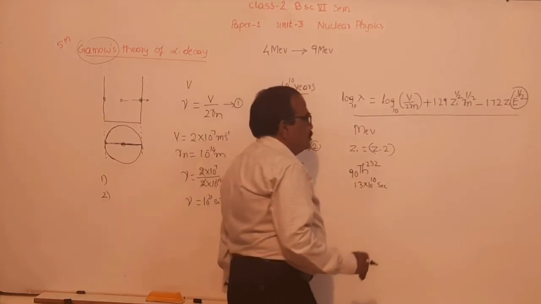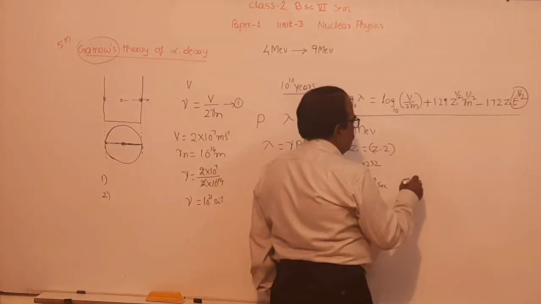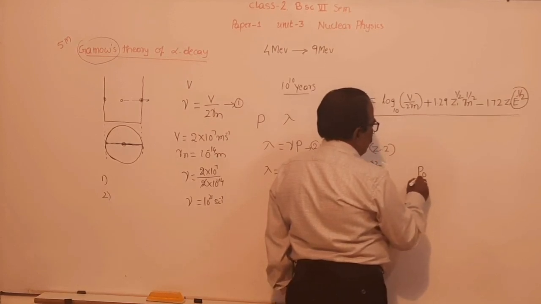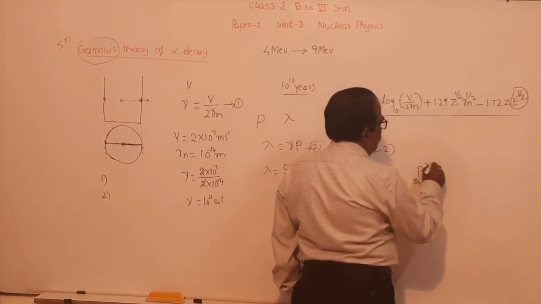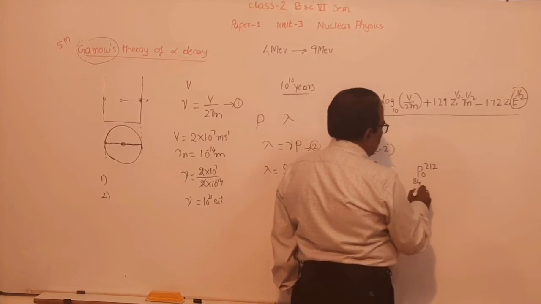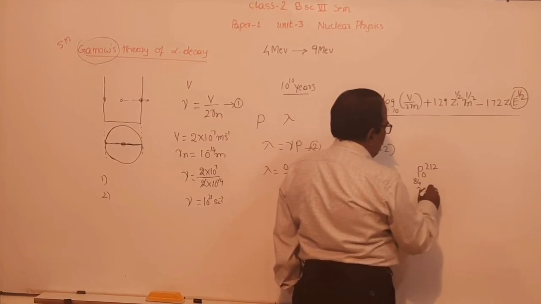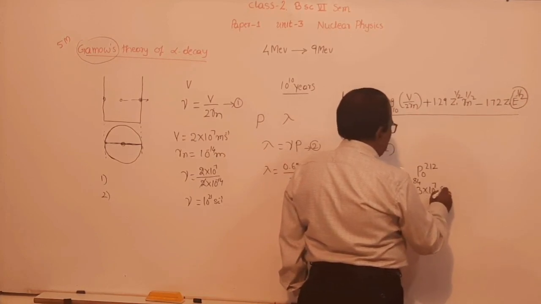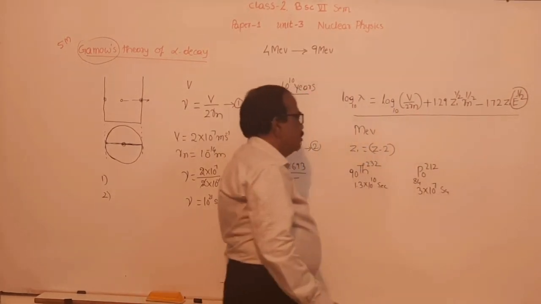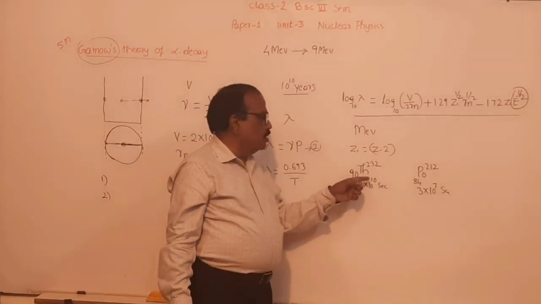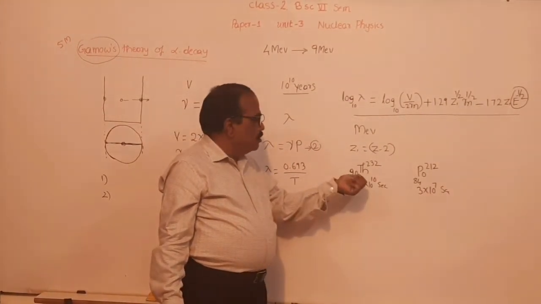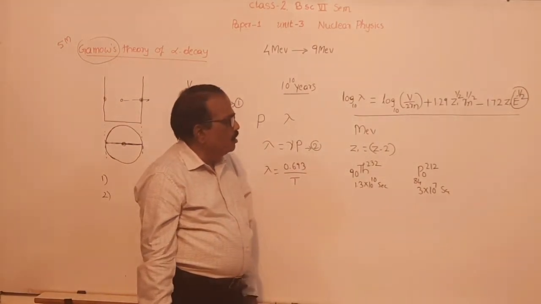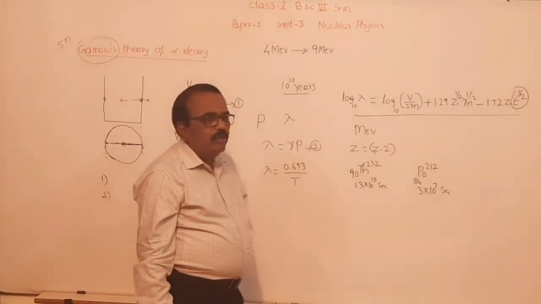And the slowest decay constant is for polonium 212, which has a half-life of 3 into 10 raised to minus 7 seconds. So the fastest decay among radioactive elements is thorium, and the slowest decay is polonium.